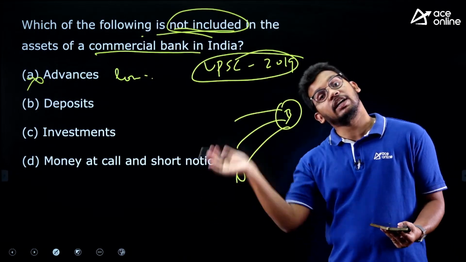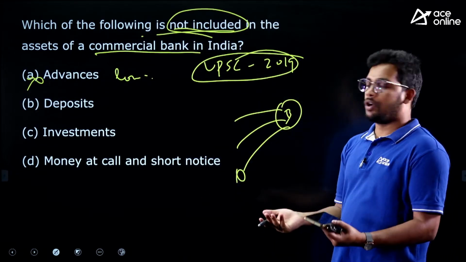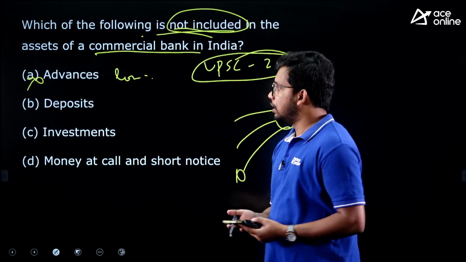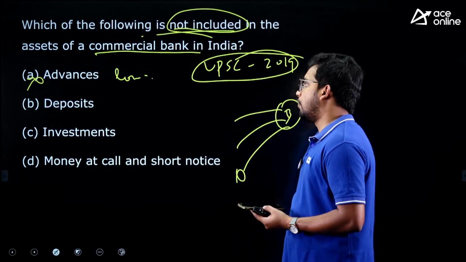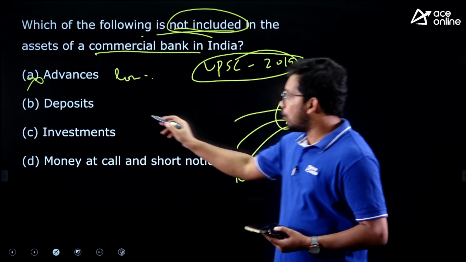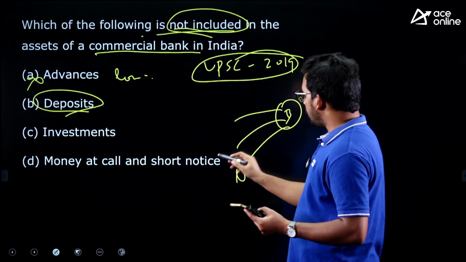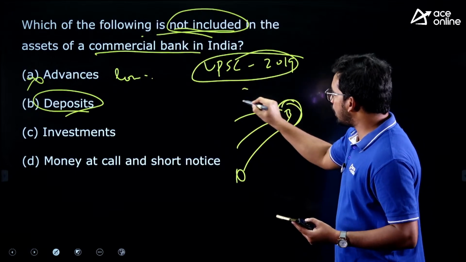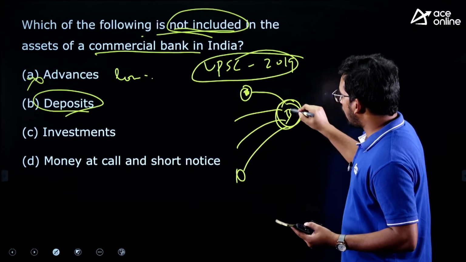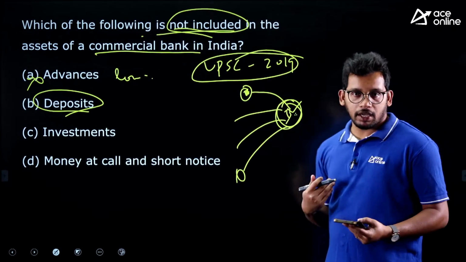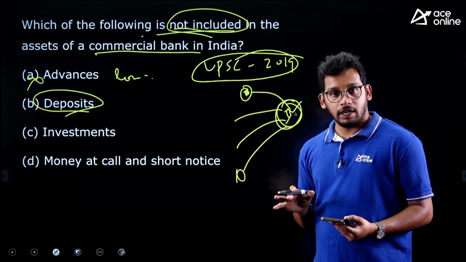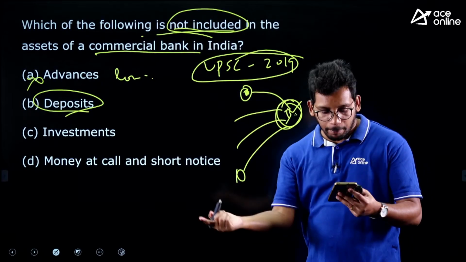So I will get more. Those are my assets only, my money only. So advances are nothing but loans. They are my assets. Now deposits. I am taking money from person C. I am taking money from person B and keeping it as savings. Is that my money? Is it my asset? It is a liability. I need to pay it back.